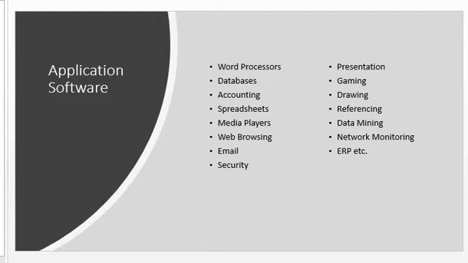For application software to work properly, it is supposed to sit on top of the system software or the operating system. You cannot run or operate application software without the system software.